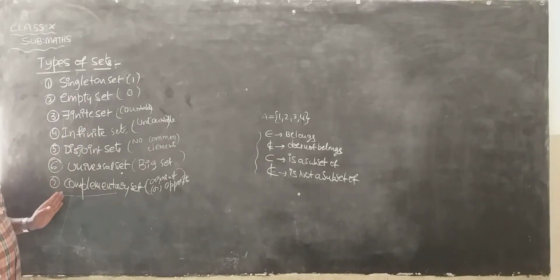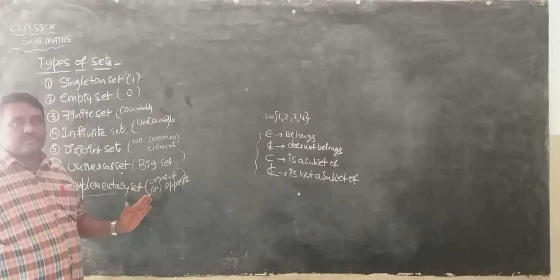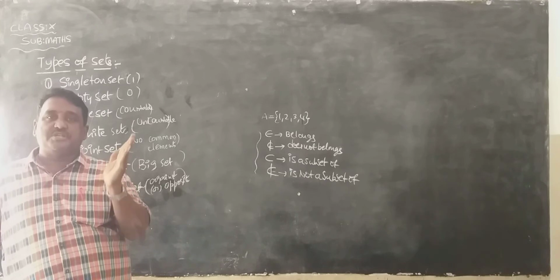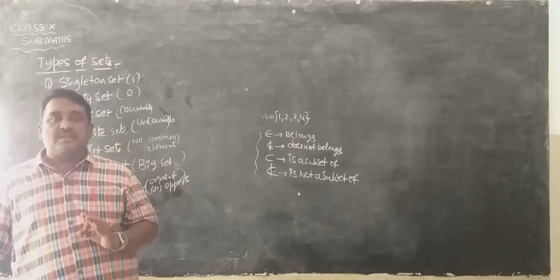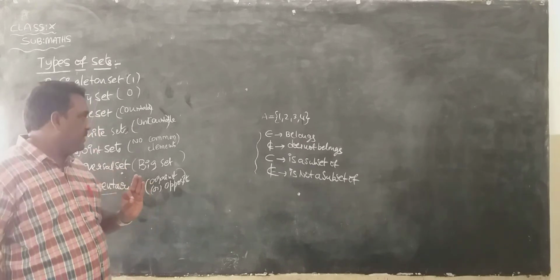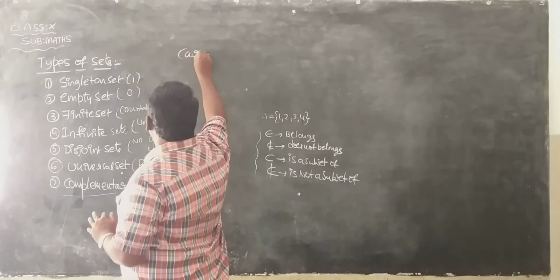Then complementary set. The meaning of complementary is opposite or against. Suppose two sets are there, A against B, B opposite A, like that. So complementary set means opposite or against. And before that, cardinal number.